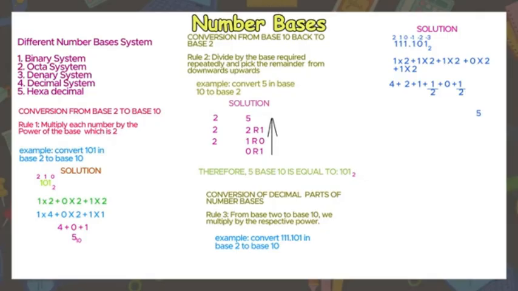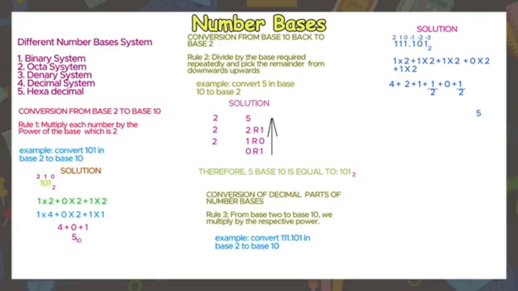That is 1 over 2. That means we are going to have 1 multiplied by 1 over 2 plus 0 multiplied by 1 over 2 raised to power 2, the negative sign is telling us that it's 1 divided by, plus 1 multiplied by 1 over 2 raised to power 3.